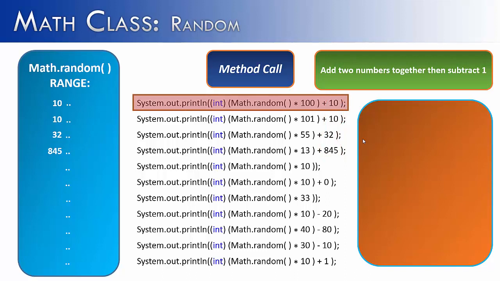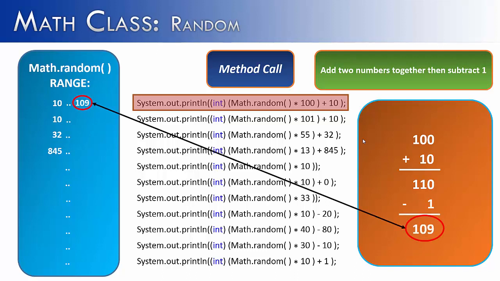So we're going to look at the first example here. Take 100, add 10, exactly as it's shown, and we get 110. Subtract 1, and then we get 109. And that 109 is going to be our maximum or upper bound. So the correct range for 100 plus 10 would be 10 to 109.